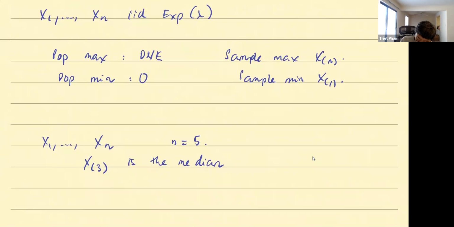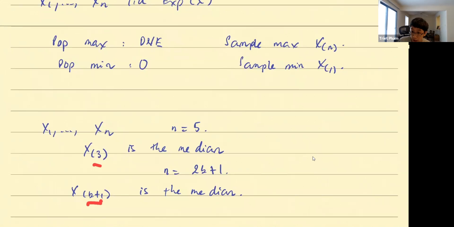So in general, suppose that n is 2k plus 1, the book used 2m plus 1, then x_(k+1) is the median. Okay, for the odd size of sample. Is that okay? So this is another order statistic that we care about.